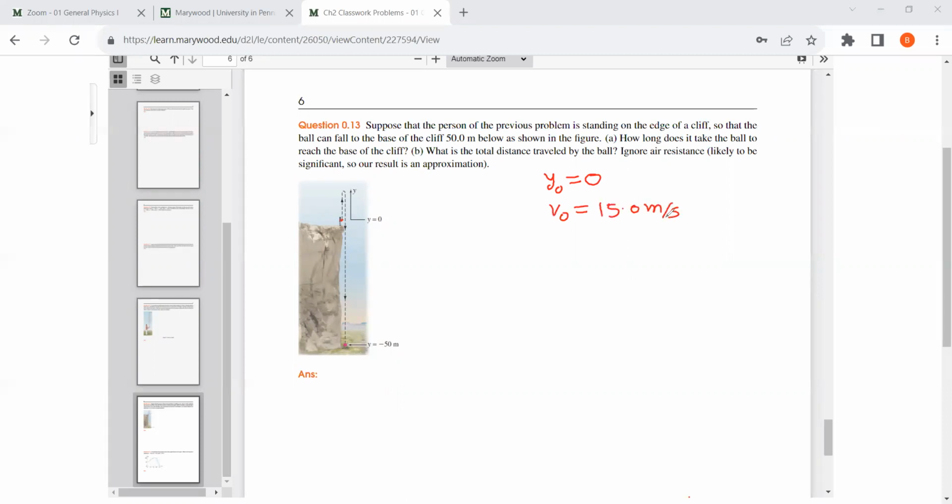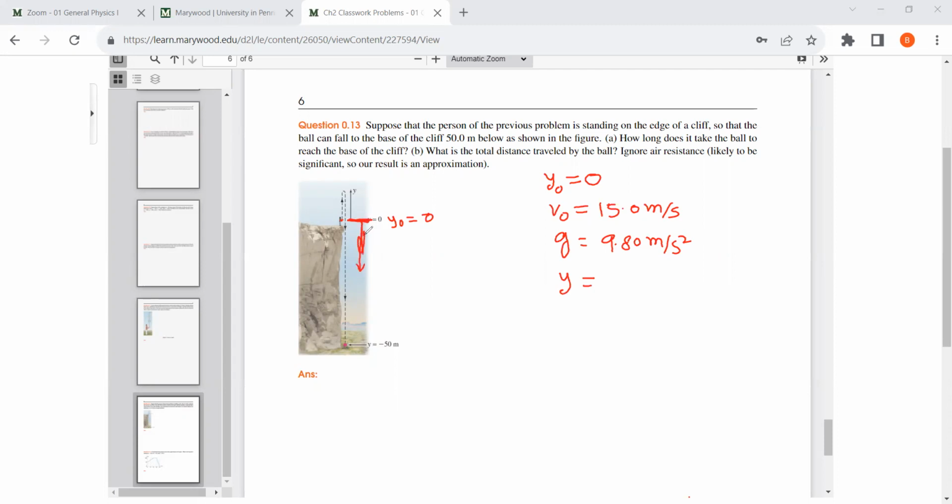And gravity is 9.80 meter per second square. And for the final position, if this is y equal to 0, all positions below this are negative, right?